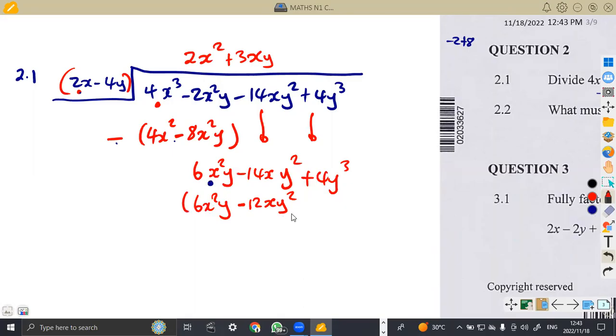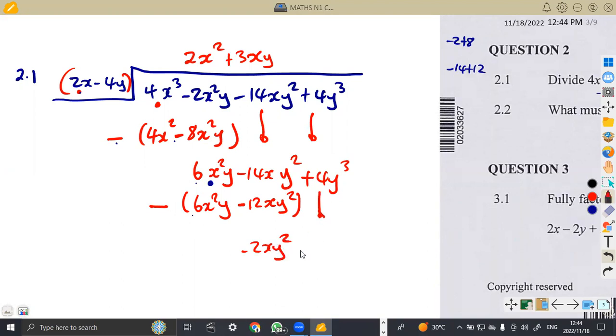Then we subtract again. Take note of the procedure, guys: 6 minus 6 is 0, and minus 14 plus 12 is minus 2, so we obtain minus 2xy squared.